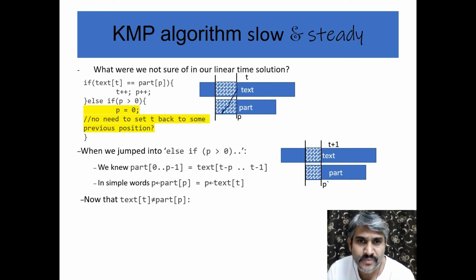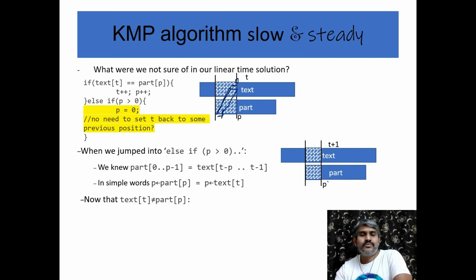So, and then if this is p prime, we have so many characters in part that match with the characters in text from index t backwards. So we have a new partial match here.